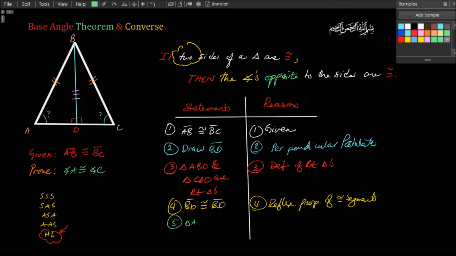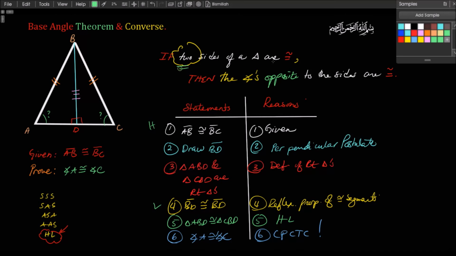So triangle ABD is congruent to triangle CBD, and this, my dear friends, is because of hypotenuse leg. And from this, we can state that angle A is congruent to angle C because of CPCTC. Ta-da! Corresponding parts of congruent triangles are congruent. So there we have the proof.